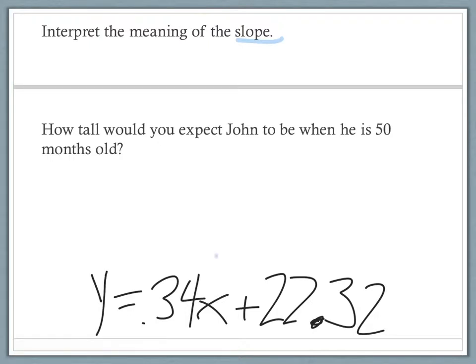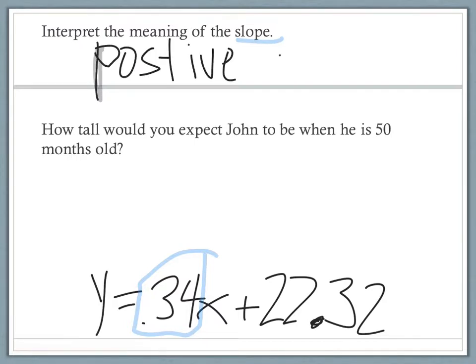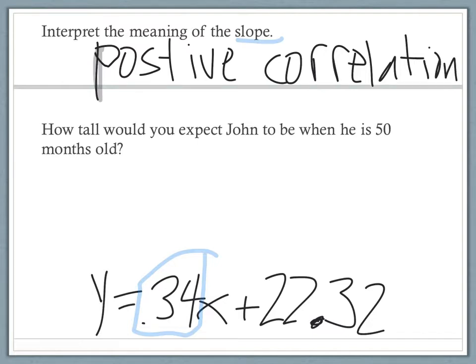My slope is 0.34. It's positive, so that means this is going to have a positive correlation. Just by looking at the slope, it tells me which way my line goes, that it's going in a positive direction.